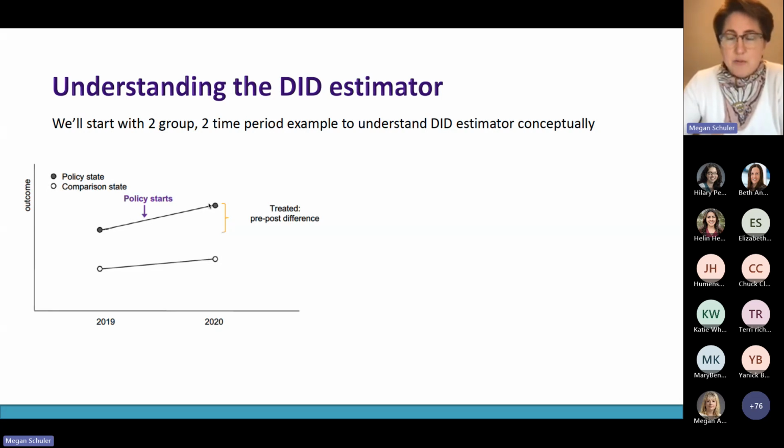So we have a post-policy observation point for the state. And then we also have a comparison group that did not implement the policy, who we've observed in 2019 and 2020. So for starters, we can calculate, as shown here, a pre-post difference for the treated state.